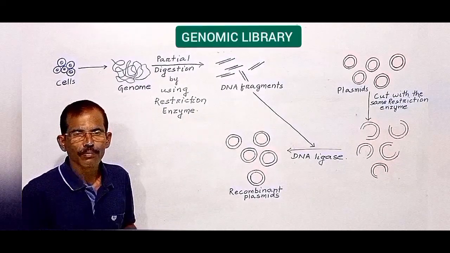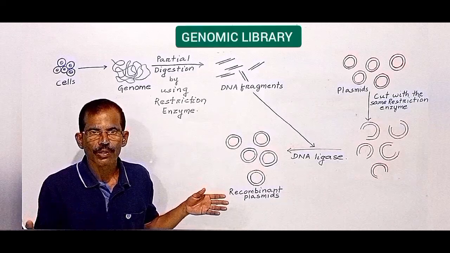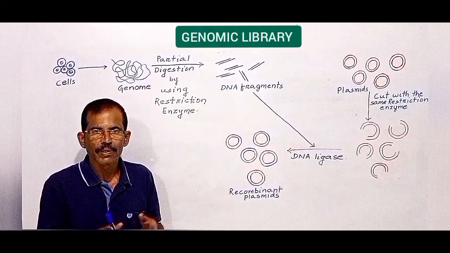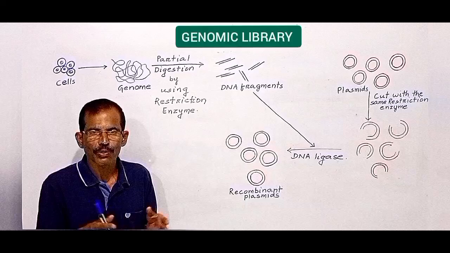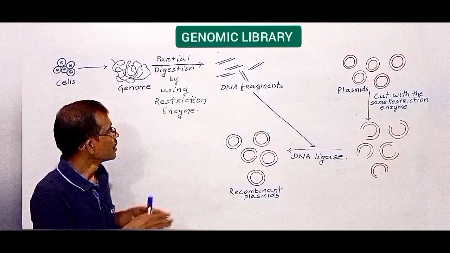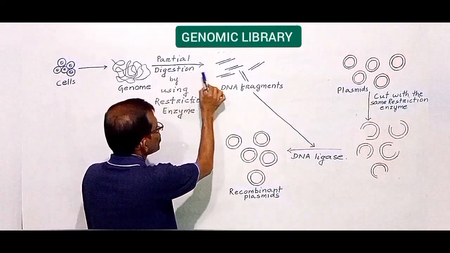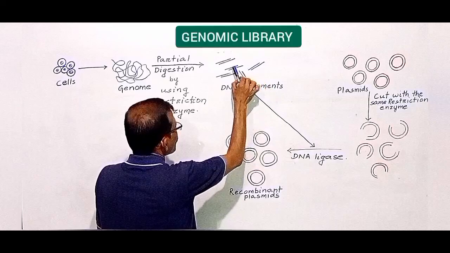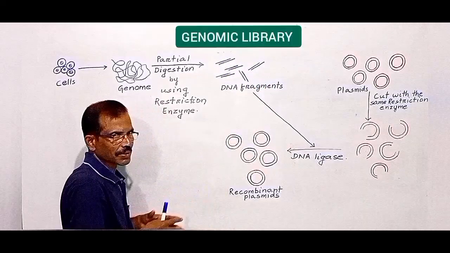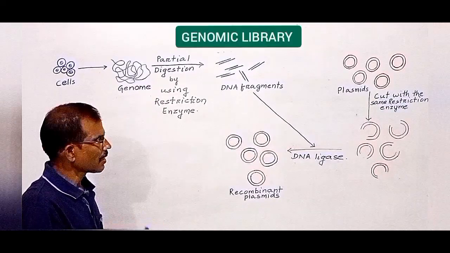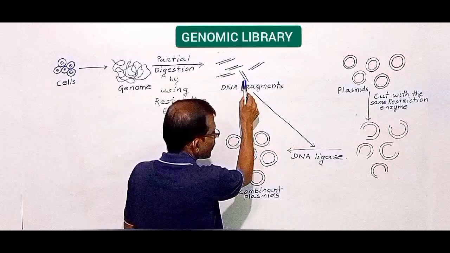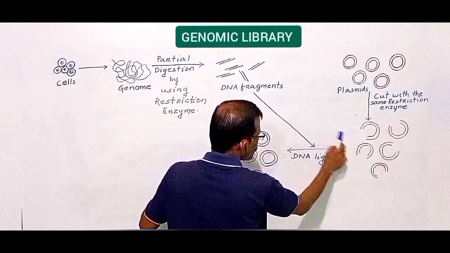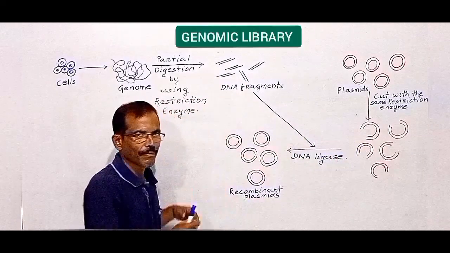Restriction enzyme, also known as restriction endonuclease, cleave DNA at specific recognition sites. This partial digestion results in the formation of a number of DNA fragments. In the next step, these DNA fragments are inserted into a suitable cloning vector.